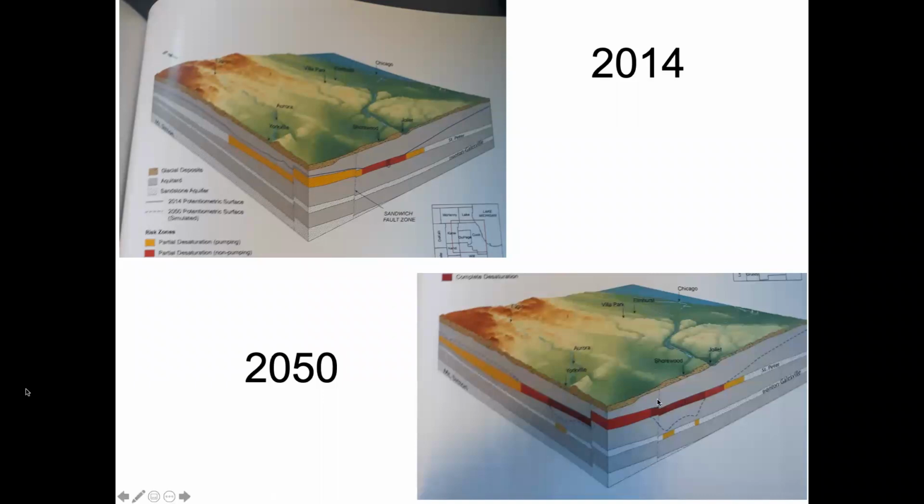And then we can see what happens as we continue to pump in these environments, about 30 years into the future. We see that this pumping is actually causing a greater degree of drawdown, such that we're actually impacting the water flows in the confined aquifers that are even below, as a result of the fracture units that connect these confined systems.